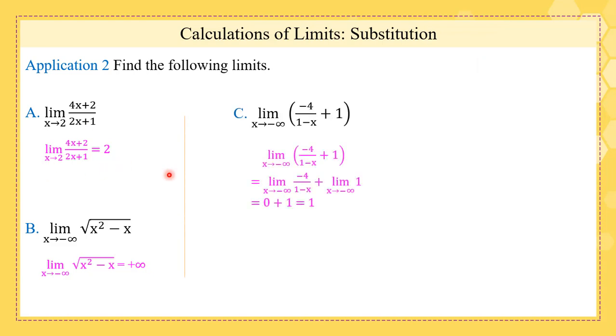Now here I'd like to tell you something about limits, that we can distribute this limit, and if we have the limit, let's say, of f of x plus g of x, this would be the limit of f of x plus the limit of g of x. Now, for the first limit, in this case, we have number over infinity, which is 0, and the limit of a constant is the constant itself, and here we get a 1.